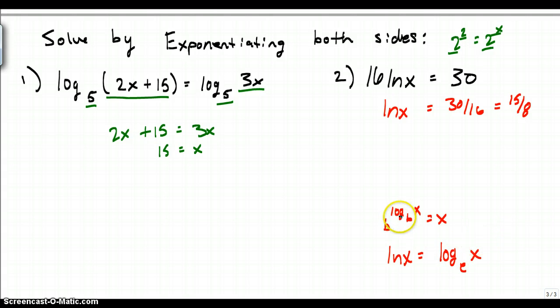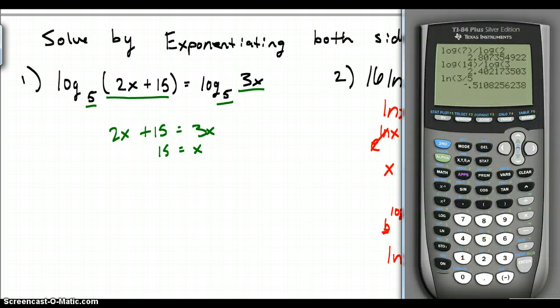So if I'm going to make this log base e of x, I need this base right here to also be e. So this is going to be e to the natural log of x power equals e to the 15 over 8 power. And this is called exponentiating both sides. You're making each side an exponent. So these cancel, and I'm left with x equals e to the 15/8.